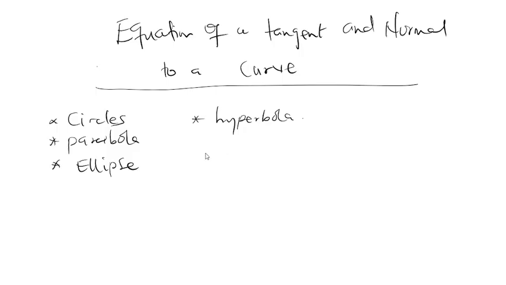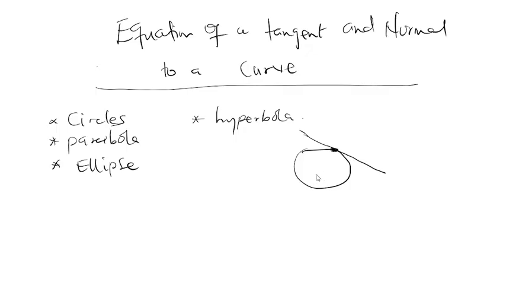And a tangent is a line. A tangent is a line touching a curve at a distinct point. So let's say I have a circle, then a line which is touching this circle at a distinct point called the point of tangency. So this line is a tangent to this curve.